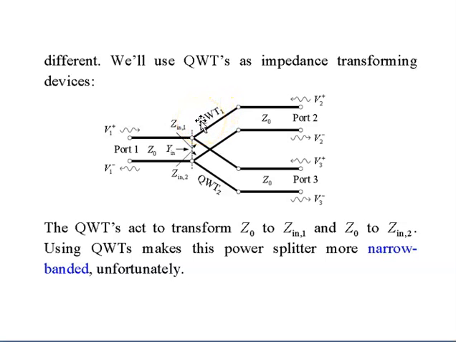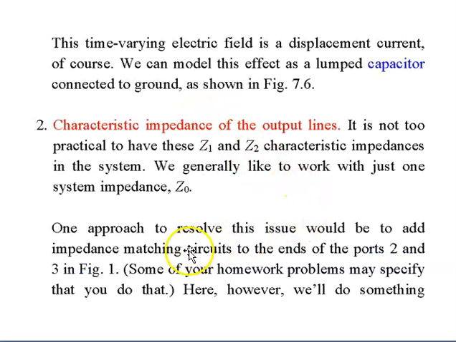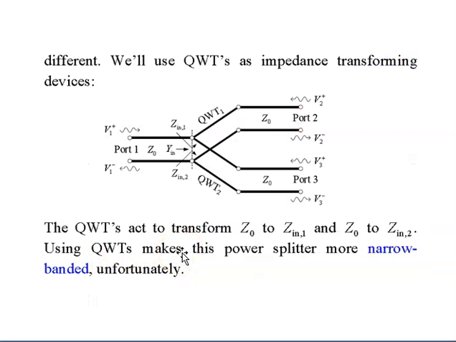This QWT is actually the impedance matching circuit, so that's why you have QWT1 at port 2 and QWT2 at port 3. This quarter wave transformer acts to transform Z0 to Z in 1 and Z0 to Z in 2 in order to make it match. However, there is a disadvantage of using a quarter wave transformer, where it will make the power splitter narrow banded.